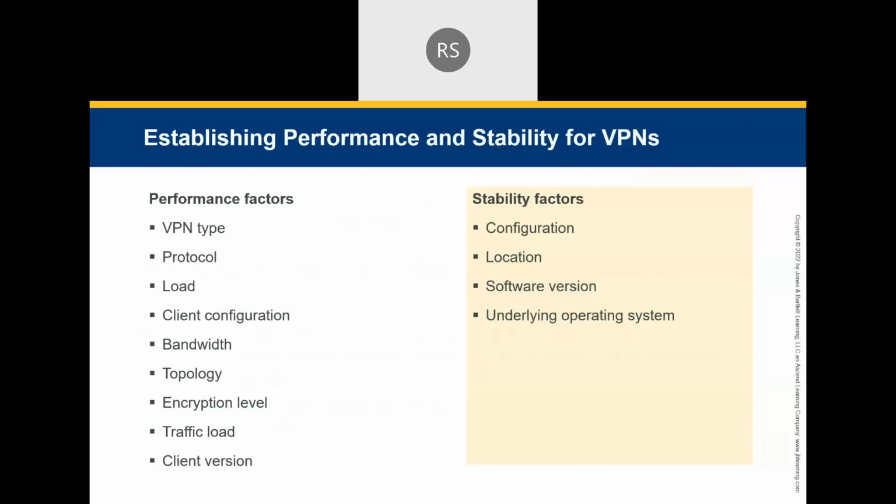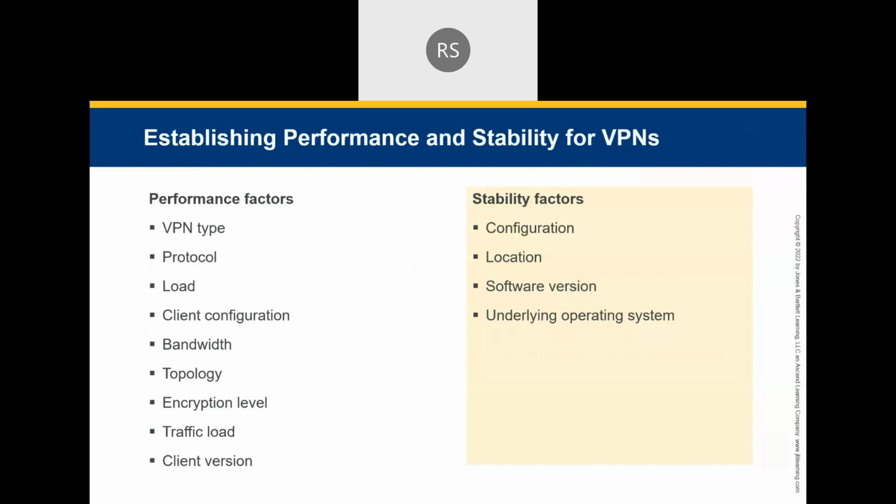Stronger encryption typically requires more resources. The volume and nature of traffic passing through the VPN can impact its performance. And also the version of the VPN client software being used may introduce performance improvements or even limitations.